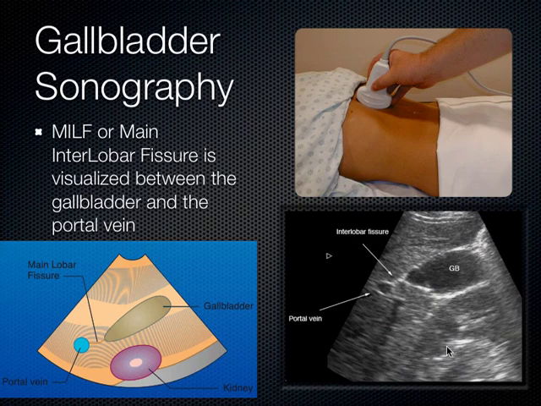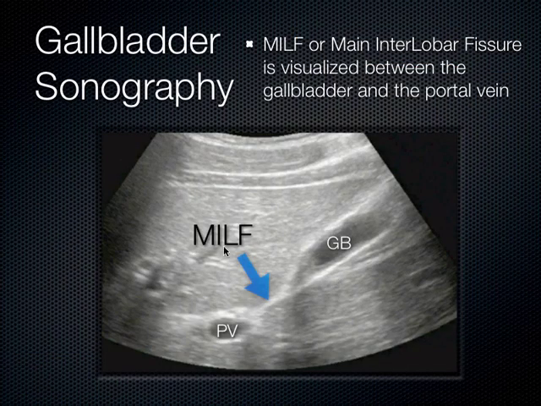And we can see the main interlobar fissure seen right here between the portal vein and the neck of the gallbladder. Another example of the main interlobar fissure is this example right here. I don't know why everybody always laughs at this. Here's the portal vein here. This is the gallbladder. And again, you're looking at an anechoic structure, like, oh, which one is the gallbladder?